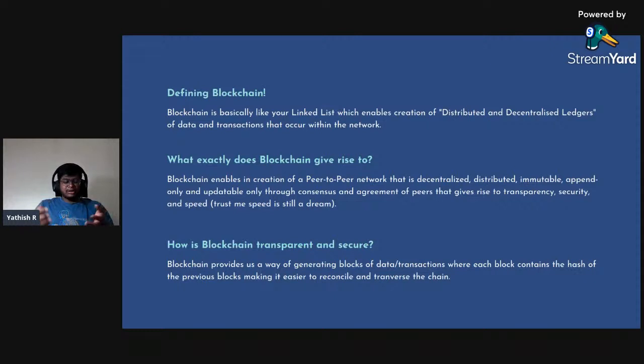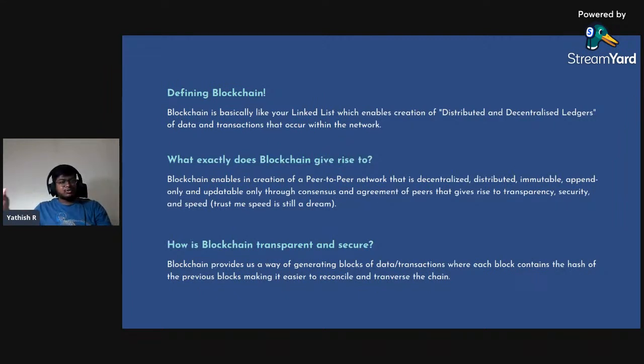When we talk about distributed and decentralized ledgers, what we mean is that there is a copy of certain data which is the same on every node that is part of the network. Let's say there is one system sitting here, another system sitting somewhere in Singapore, and another system sitting somewhere in the US. All three systems, which are now connected in a distributed manner, hold the same data.